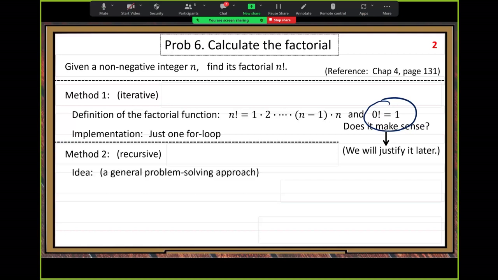Idea. This is also a general problem-solving approach. You have heard of one commonly used method called divide and conquer, right? Here, we apply the idea of divide and conquer.